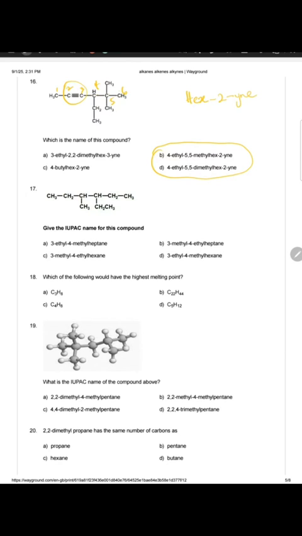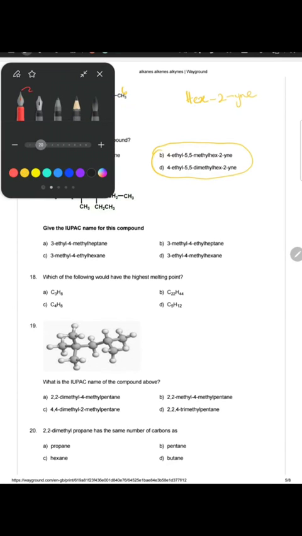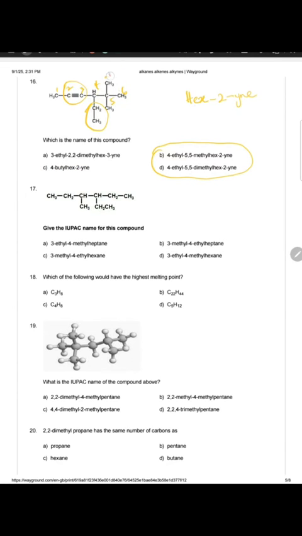Which of the carbons are the methyls bonded to? So looking at this, we'll see that there's an ethyl bonded to the 4th carbon, right? And also there are 2 methyls bonded to the 5th carbon. I'm just going to change the color of this pen. Methyl 1, methyl 2, and it's bonded to the 5th carbon.